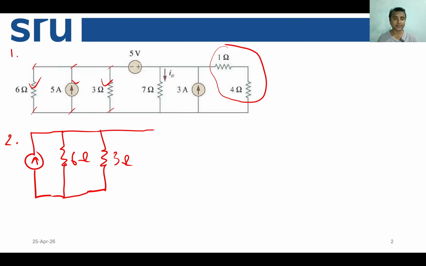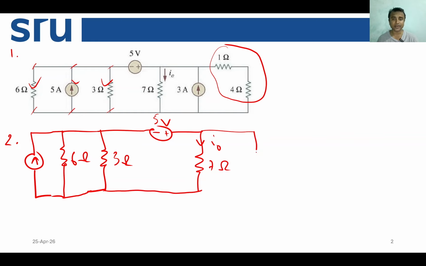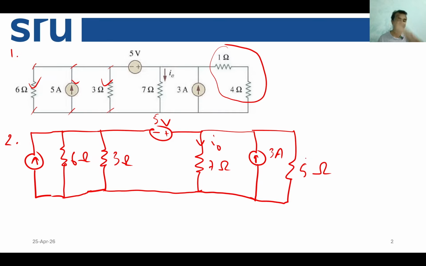Then the 5 volt source, and then the target resistance, with I0 going through it, and then we have another current source which is 3 ampere, and then we add up these two resistances as 5 ohm. So this is our second circuit.